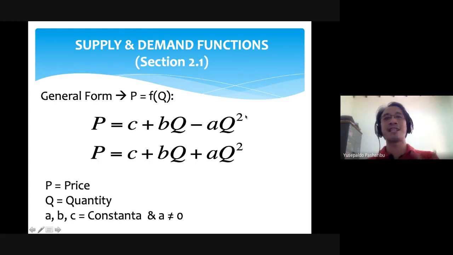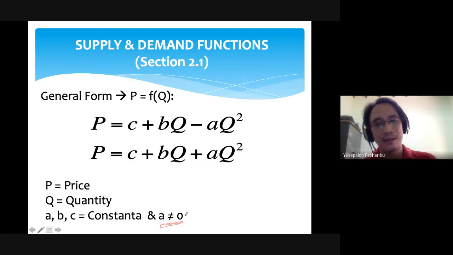For P as a function of Q, the parabola will be a vertical parabola. But for Q as a function of P, the parabola will be a horizontal parabola. There are two. P is the price, Q is the quantity, and A, B, C are constants.